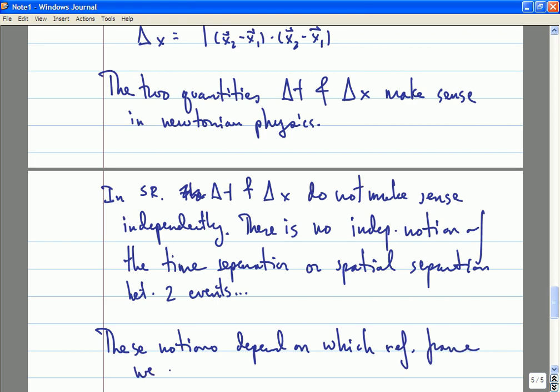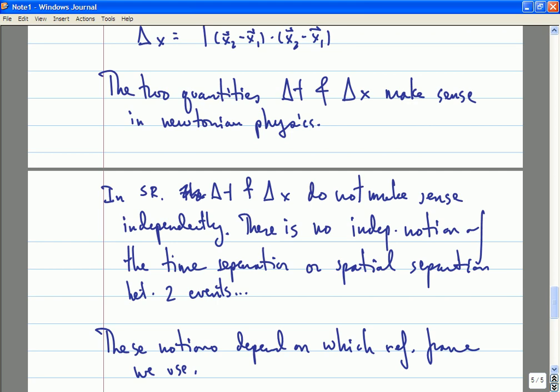So, for example, if I consider two reference frames which are moving at constant velocity with respect to one another, then the relative time as measured by an observer in one of those reference frames between two events would change depending on which reference frame I'm using.